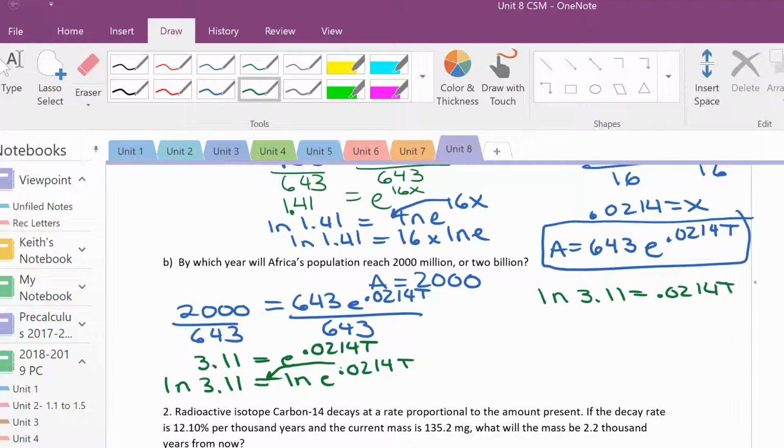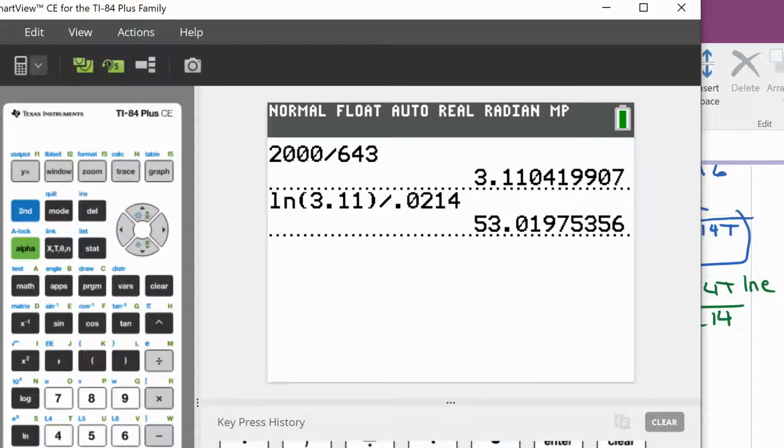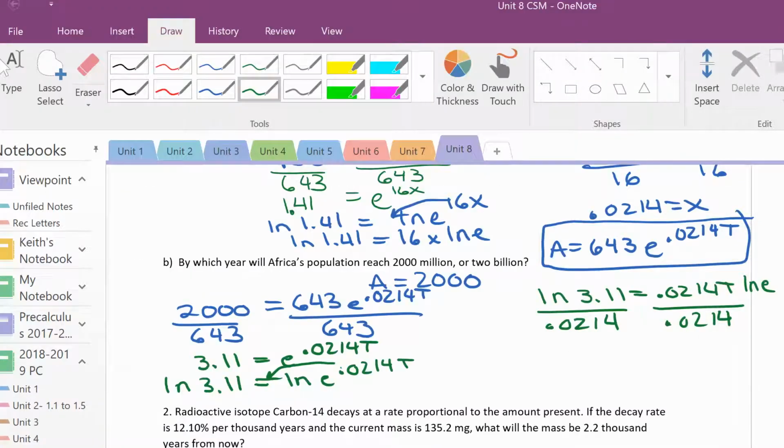0.0214t ln e. So we divide by 0.0214 to get what t is, because remember ln of e is 1. So ln 3.11 divided by 0.0214 gives you 53.02 years.